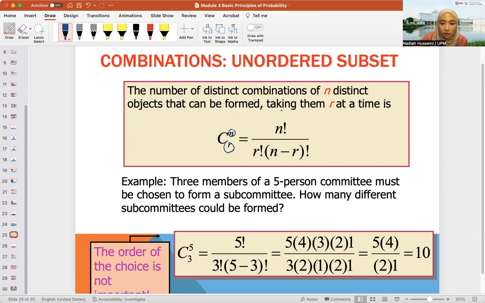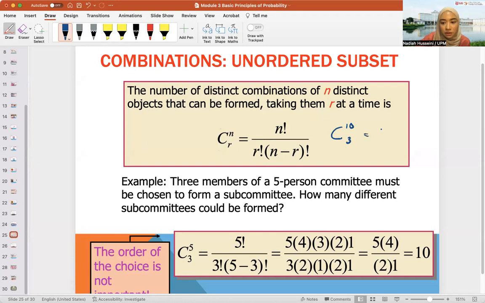Okay, so here the equation is different in the sense that you have an extra term, R factorial. Okay, so very important. The notation is different and you have this difference. You have that R factorial in the denominator. Okay, so if we want to apply it to the laptops, so C, 10 choose 3.